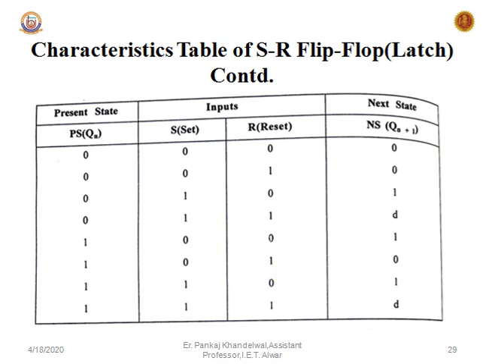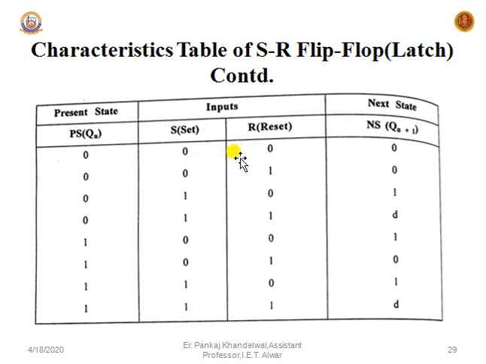Since there are three inputs, 2 raised to power 3 equals 8, so we will write states from 0 to 7.